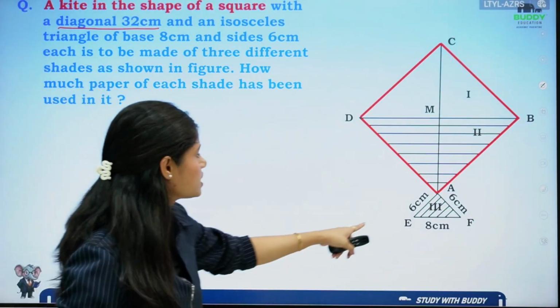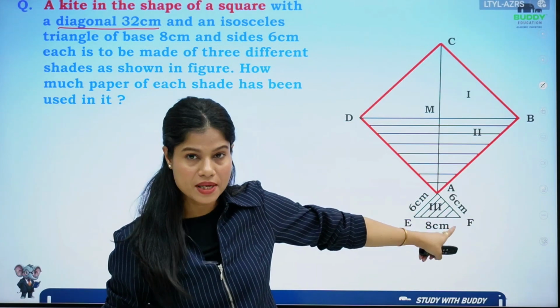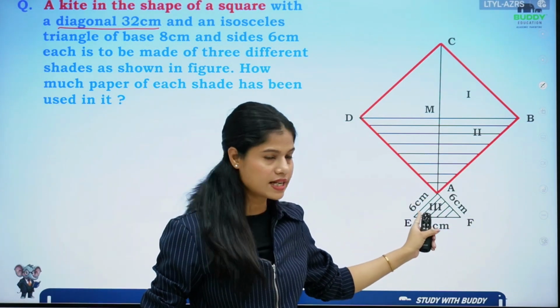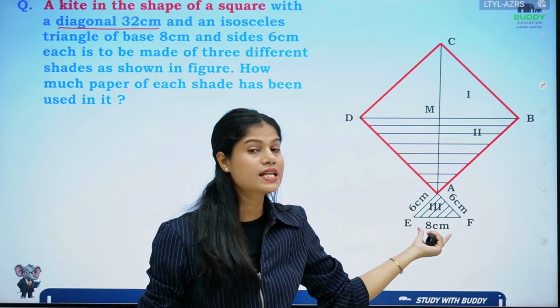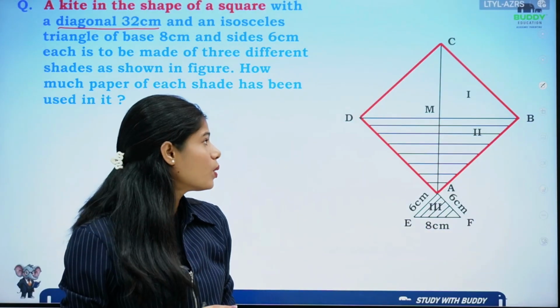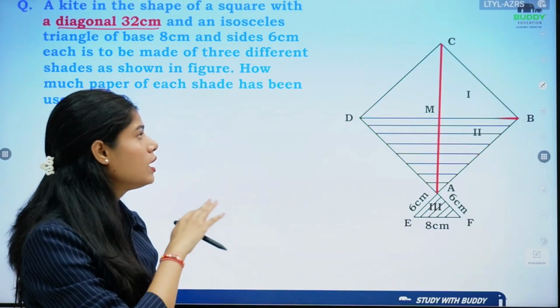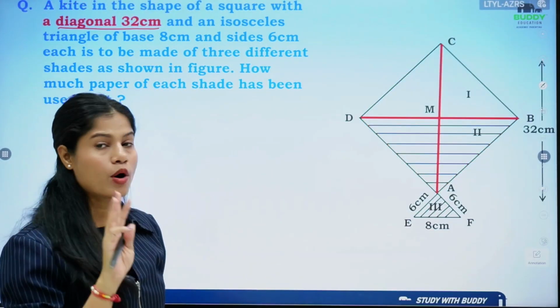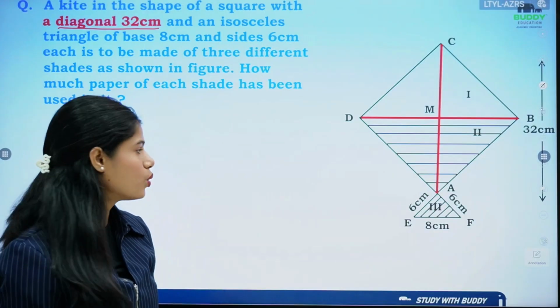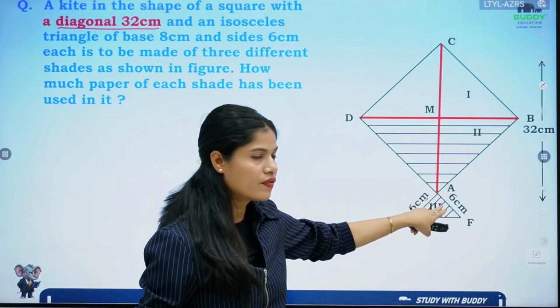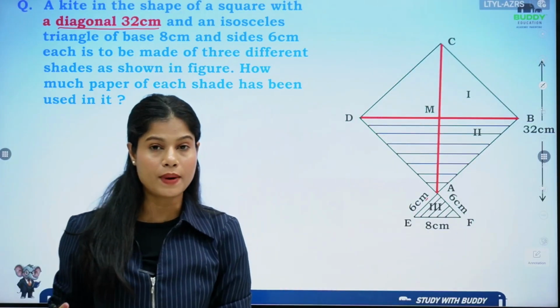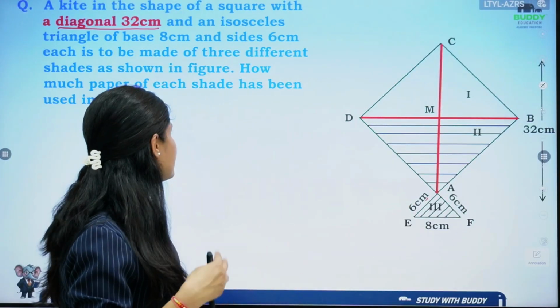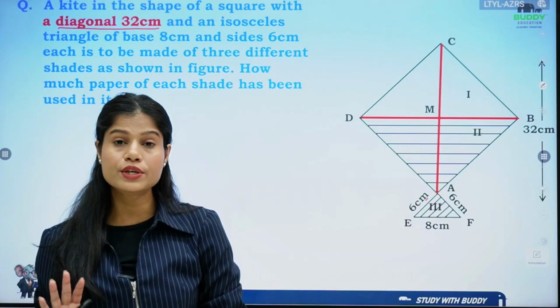And in the isosceles triangle, one side is 6, so of course the other side will also be 6, and the base is equal to 8 centimeter. This whole diagram is made up of 3 different papers. One is used over here, one for this part, and one for the upper part. Now we have to tell the area of the paper that has been used.